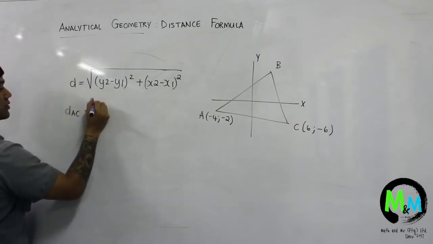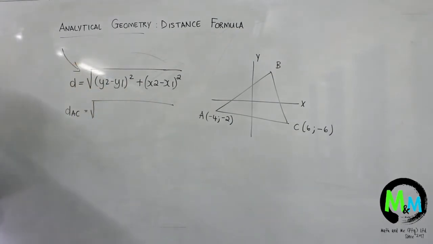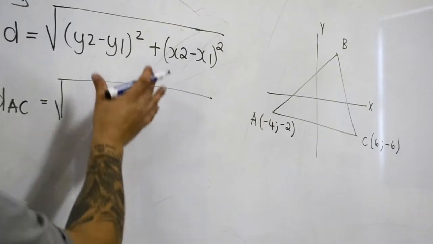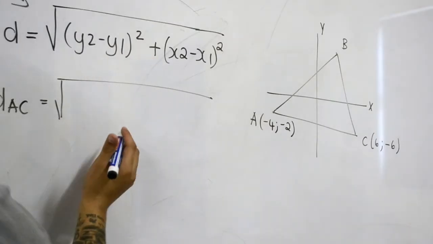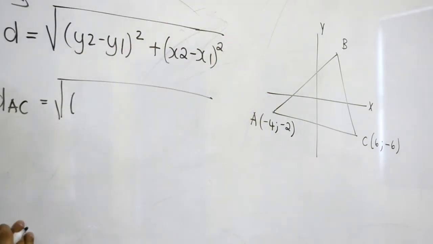I will say is equal to the square root. Also with analytical geometry, pop in your formulas, right? Sometimes you'll get marks for them, if not most of the time. So pop them in and then obviously substitute in. Right, so I'm going to say my y2, I'll use C as my second coordinate.